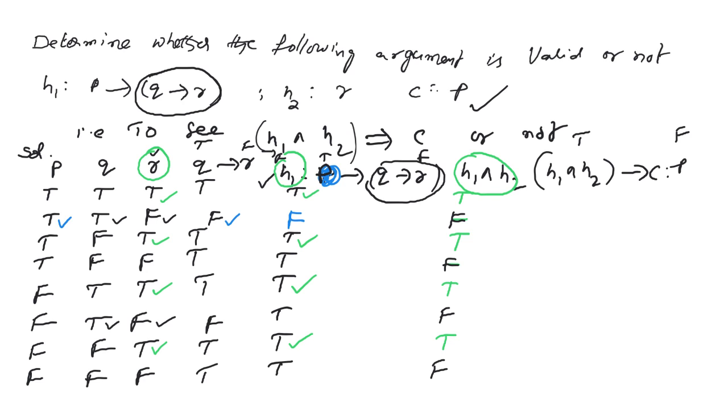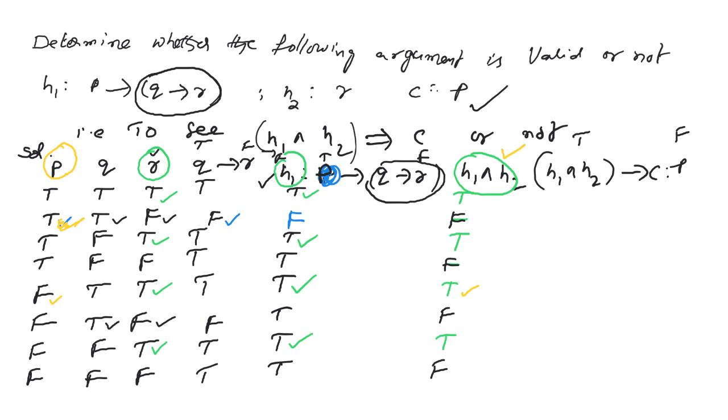When P is false, is H1 and H2 true or not? Yes, when P is false, H1 and H2 is true.